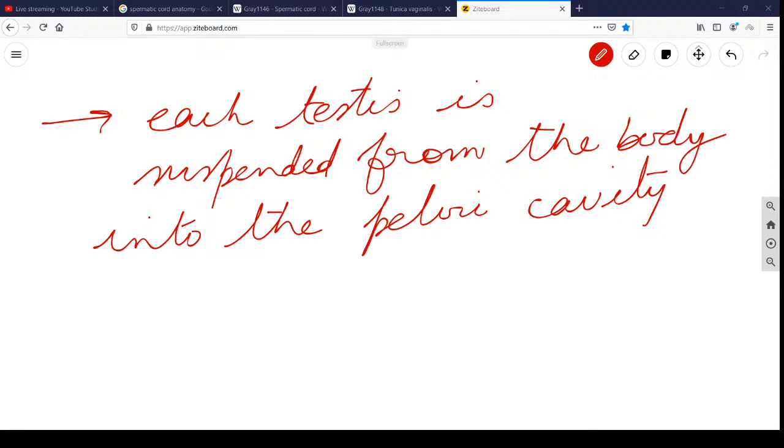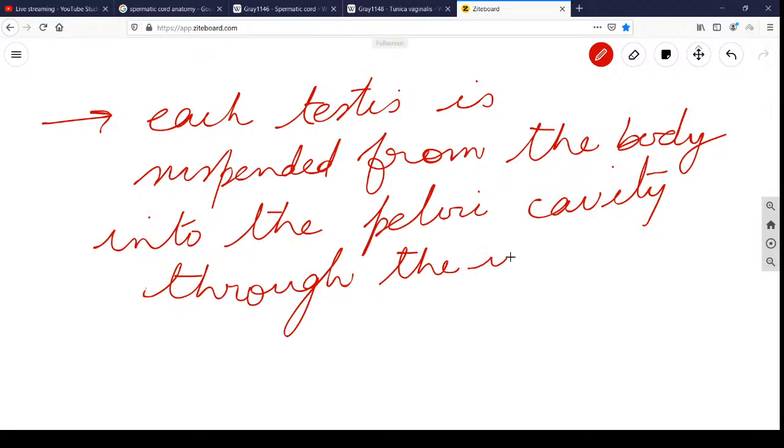Into the pelvic cavity through the inguinal canal. Okay. Inguinal canal is what?